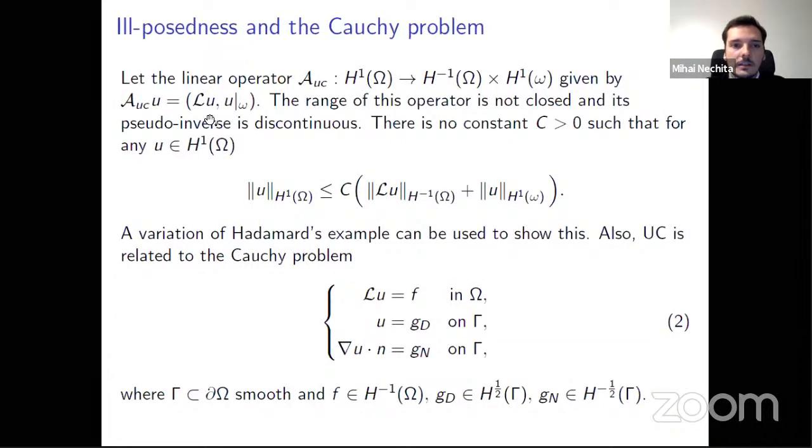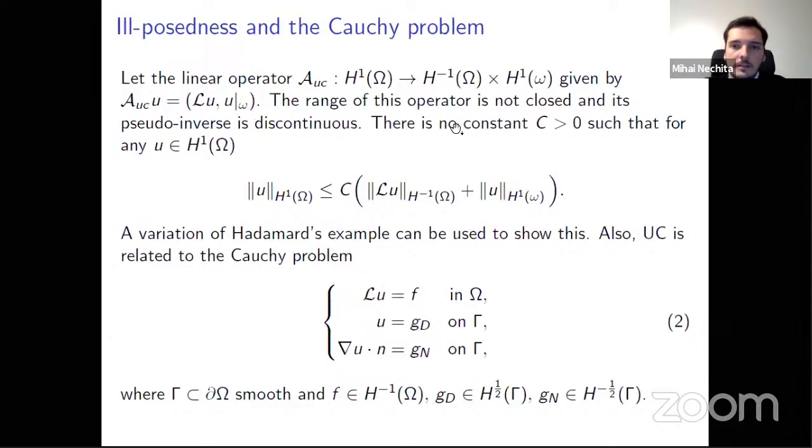as inverting this linear operator, which contains the elliptic operator and its restriction, then this operator has a non-closed range, which means that its pseudo-inverse is discontinuous. So we have an unstable problem.